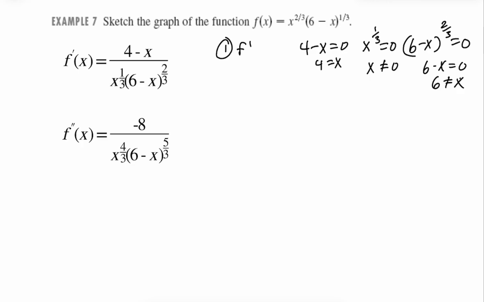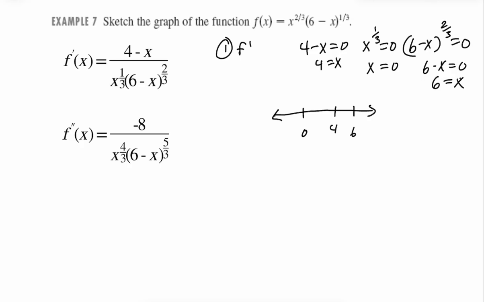They might not exist in the original function. They might. So let's check them actually before I cross them out. Can we plug 0 into the original? Yes. Can we plug 6 into the original? Yes, actually. Those are points. So let's put those on a number line from least to greatest order.